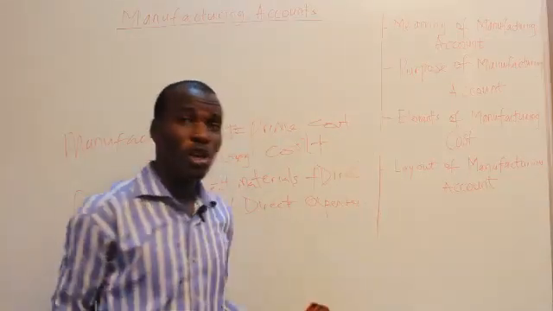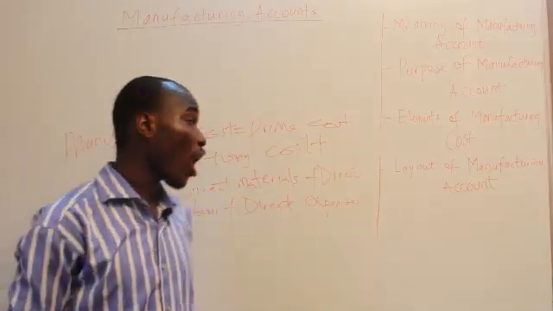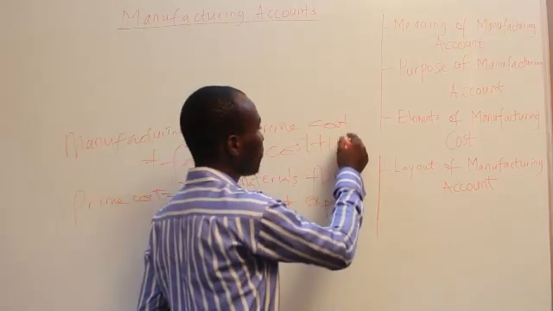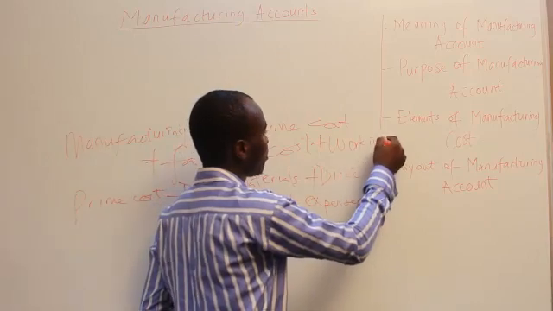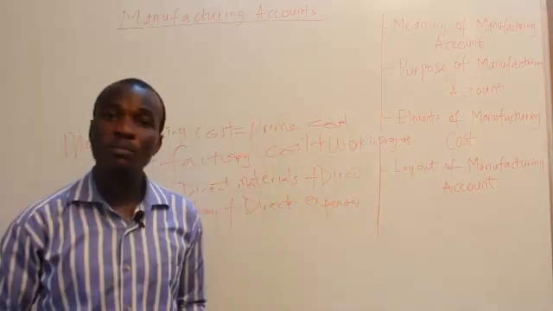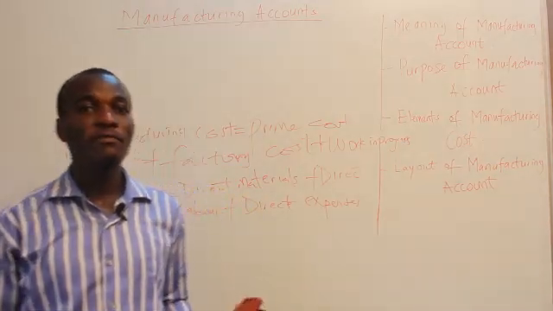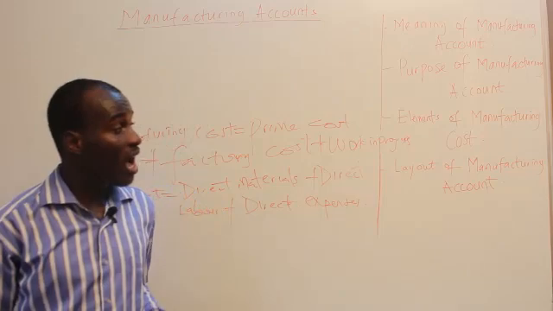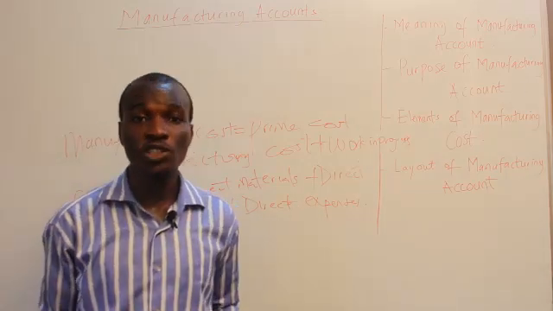So we also have an important element of the manufacturing cost, which is the work in progress. The work in progress is the partly finished goods. This category of goods are still in the process of production.